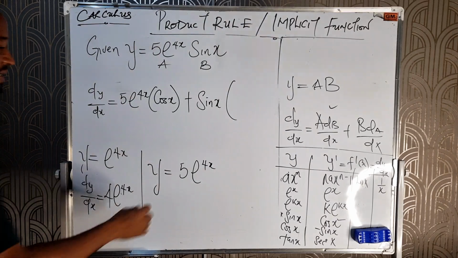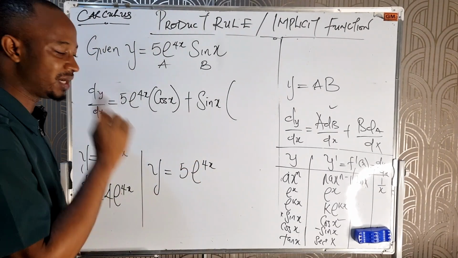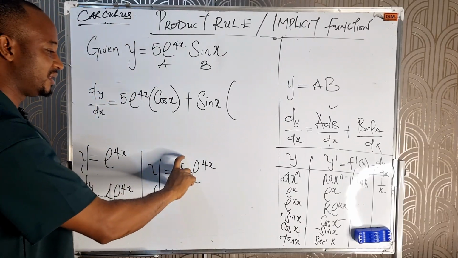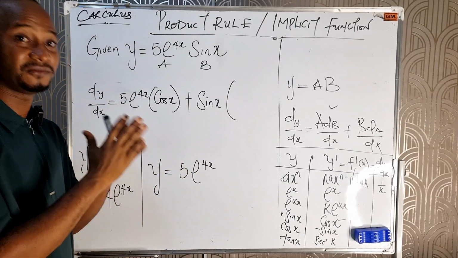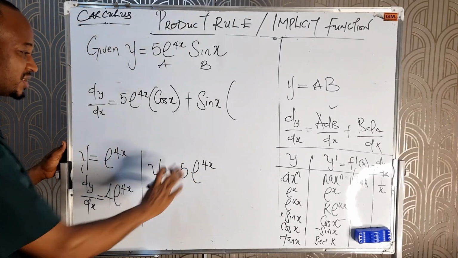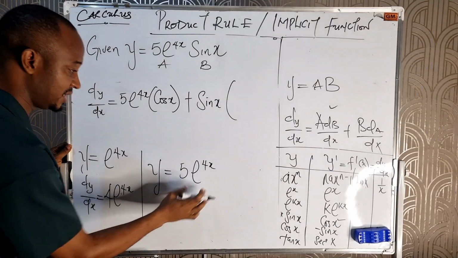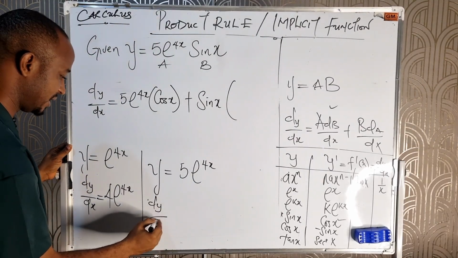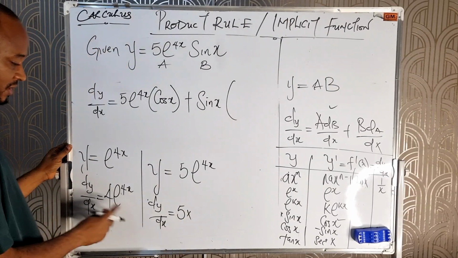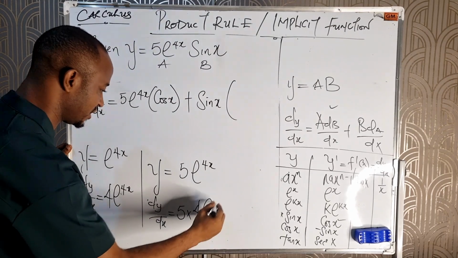Exactly. But in this case, I have a number here attached to the exponential. Whenever you have a constant, a number without a variable, just like 5, I can just decide to multiply this 5 with this 4 here. So to differentiate this, dy/dx equals 5 times the derivative of exponential 4x, which is 4 exponential 4x.